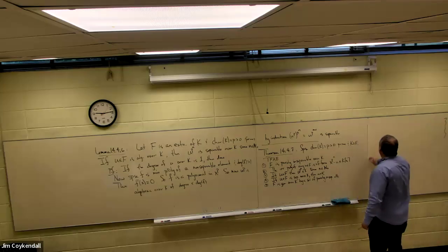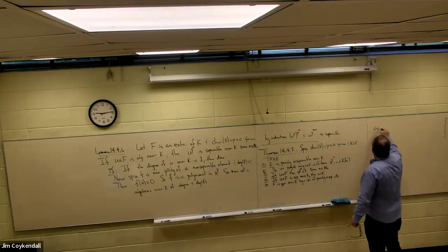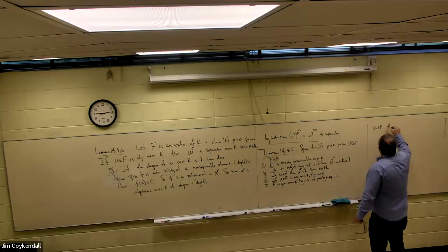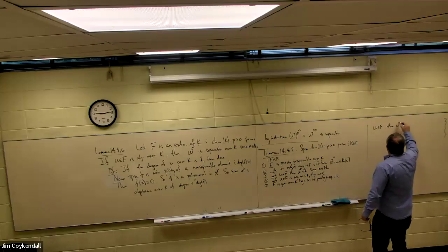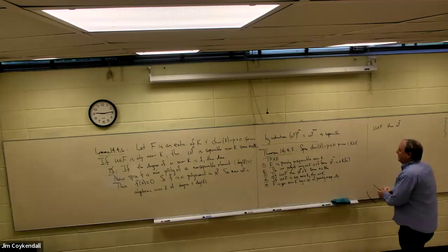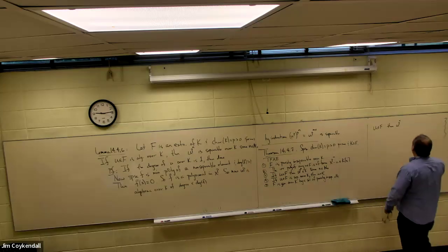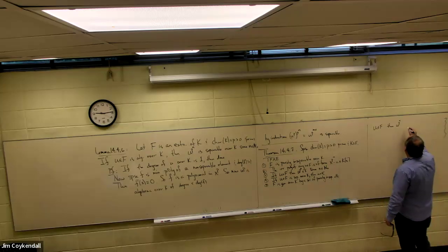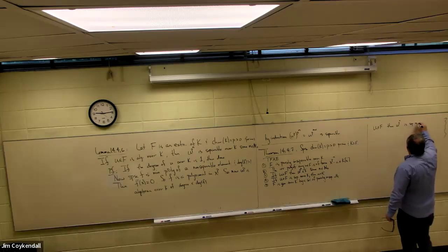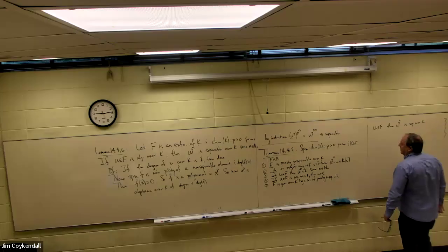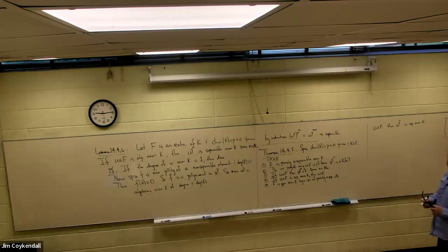So let's note that if u is in F, then u to the p to the n is separable over K, right?